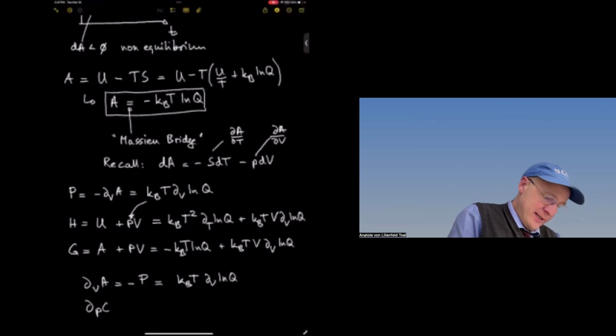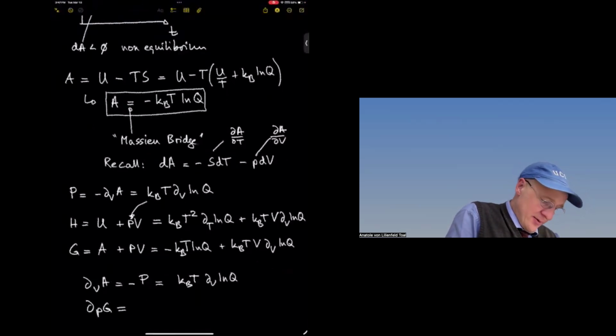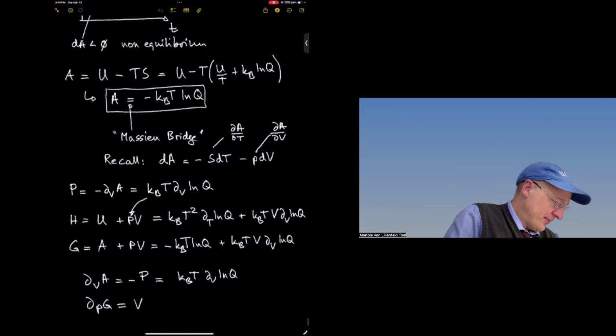We differentiate G with respect to P. We simply recover the volume.